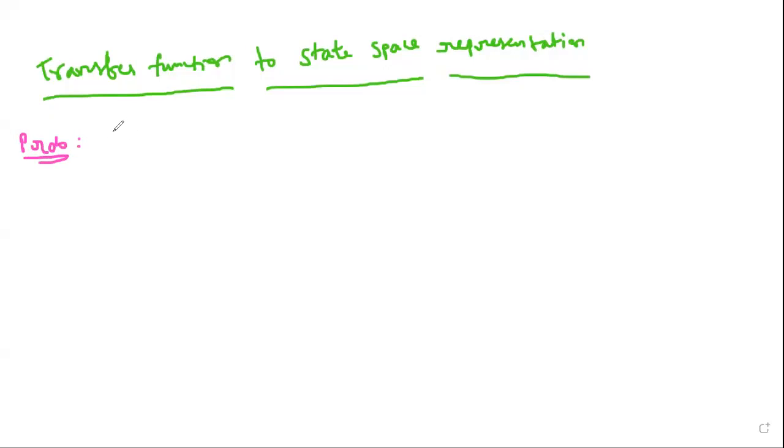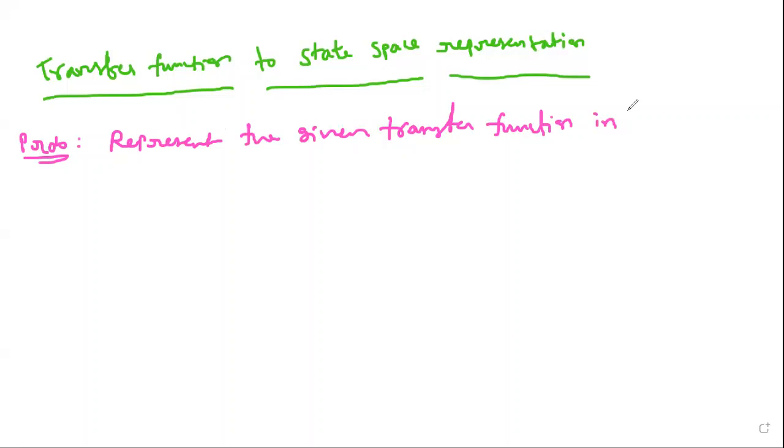Represent the given transfer function into controllable canonical form.